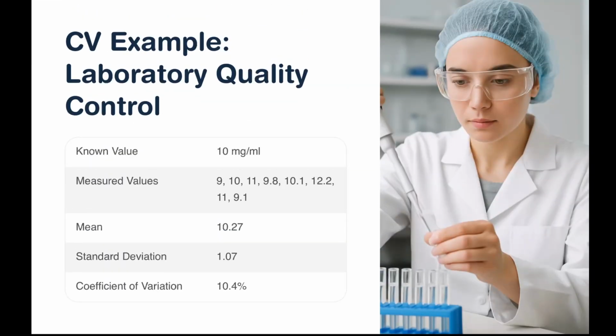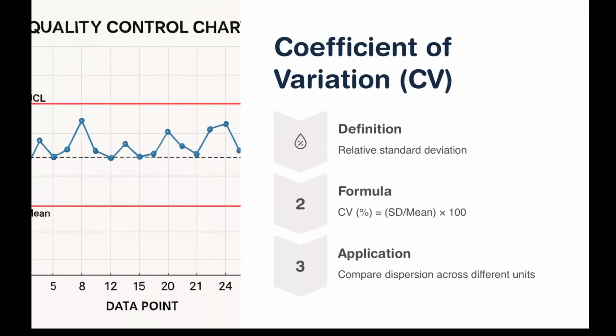For a coefficient of variation example, if the known value is 10 milligram per ml, the measured values are 9, 10, 11, and so on. The mean is 10.27, the standard deviation is 1.07, and the coefficient of variation will be standard deviation divided by mean, multiplied by 100.